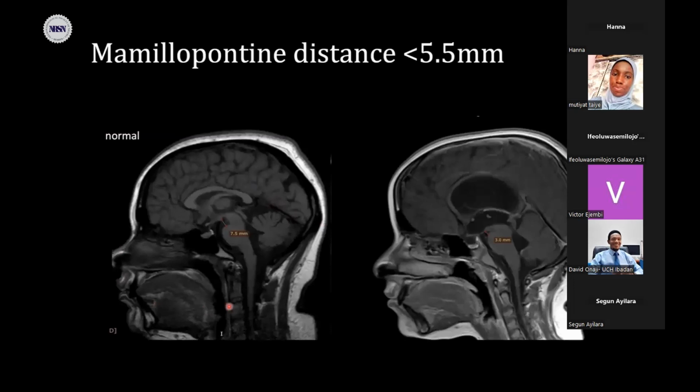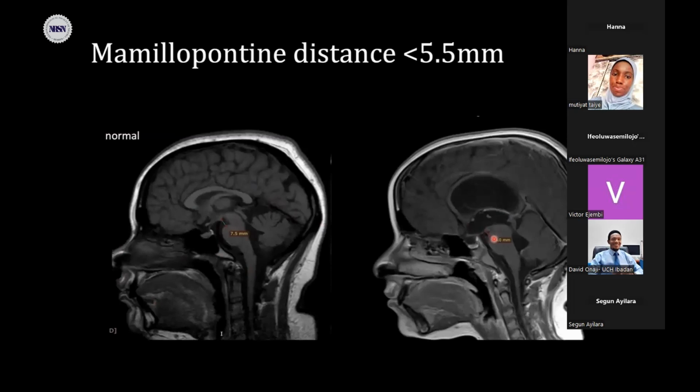So in normal patients, you want to have quite a distance between the mamillary body and the pons. In SIH, this distance will be reduced to less than 5.5 millimeters, okay.